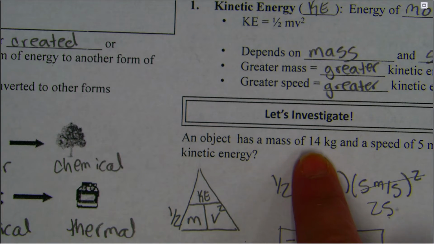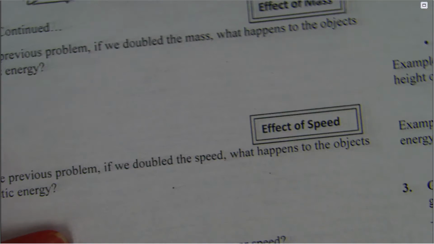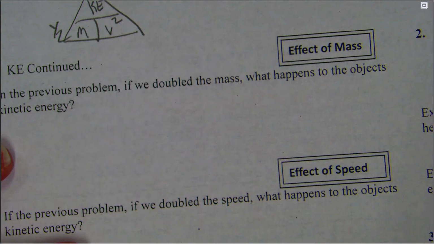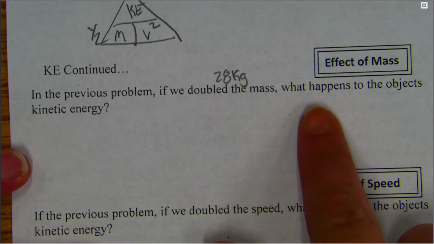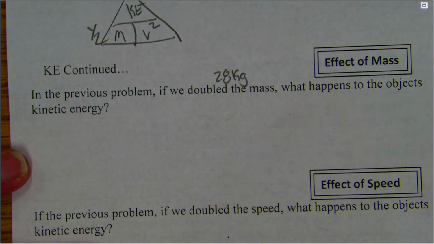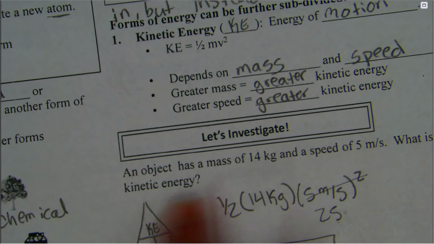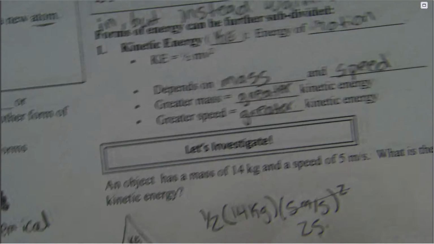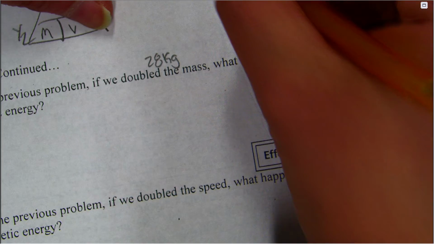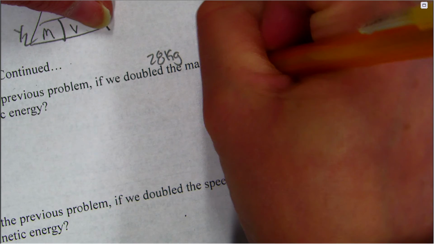The mass in the previous problem was 14 kilograms. If I double the mass, double 14, that means I am at 28 kilograms. The velocity in this case is going to stay the same. Its speed is 5 meters per second.